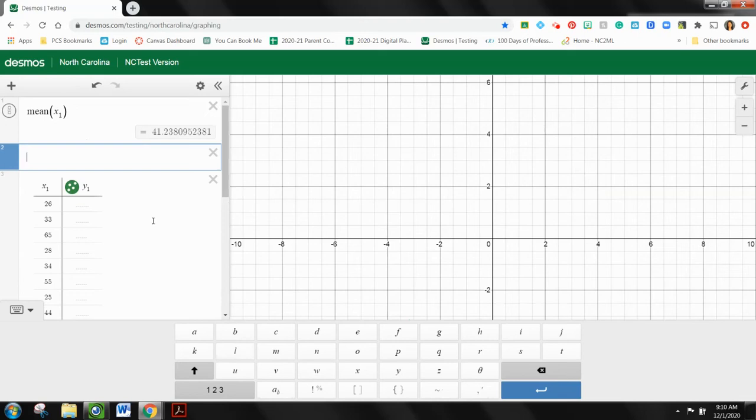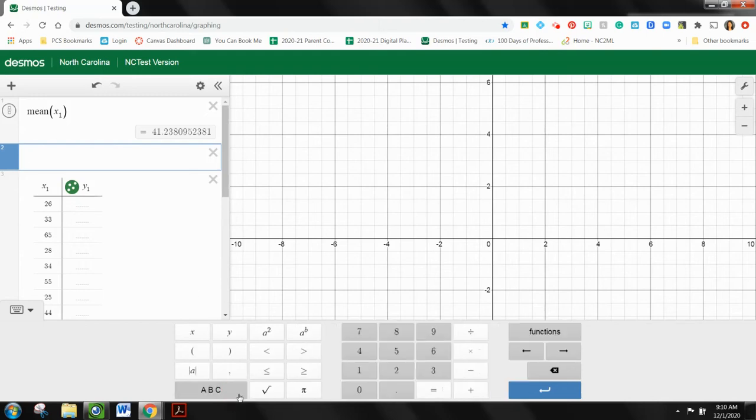So the mean is 41.24. When we're dealing with statistics, the more accurate you are, the better. So I usually tend to go with 2 or 3 decimal places when I'm doing statistical analysis.